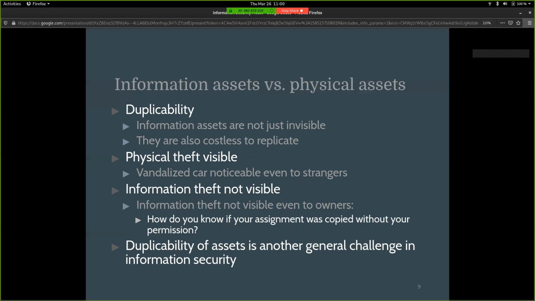It actually disappears. Where digital assets typically end up being copied, and then that's still deemed as being stolen, but then that data can be sold or used, right? So this is kind of a general challenge, is the fact that information assets have the property of being duplicated, or that there's duplicability involved.